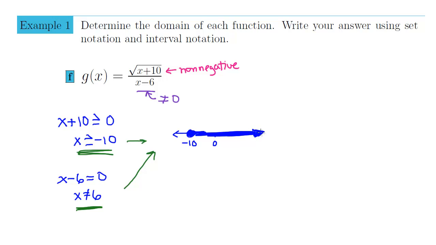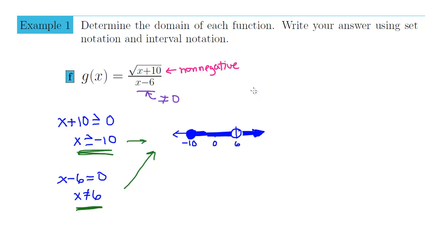However, in that set, we do have the number 6, correct? Because 6 is greater than negative 10. That cannot be included. That means that we have to not include 6. So we have an open circle here at 6, right? So the domain is all numbers starting at negative 10, and everything greater than negative 10, but not including 6.